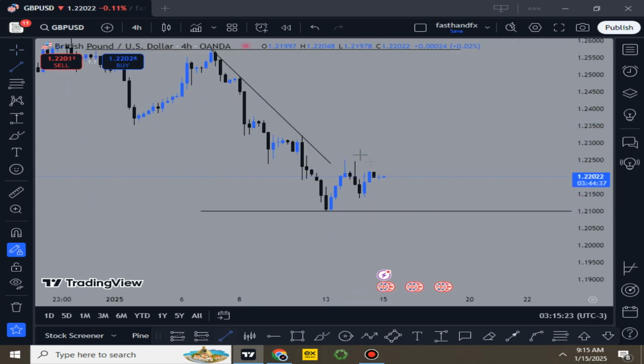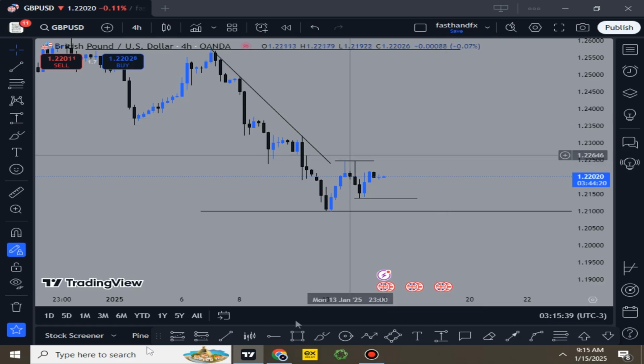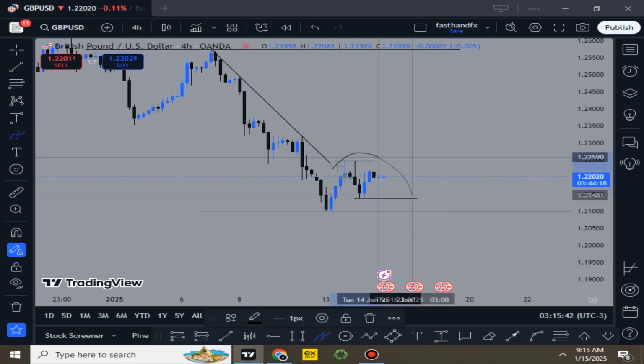So we mark out this also, because that's also a key level. Remember, this analysis is not a long-term thing. This is just based on news, right? So we have that marked, and we mark these two right there.